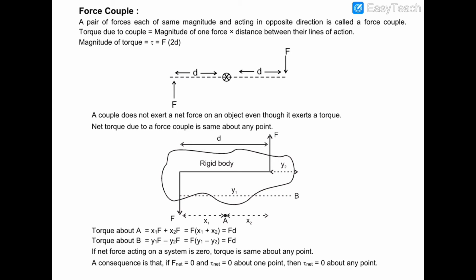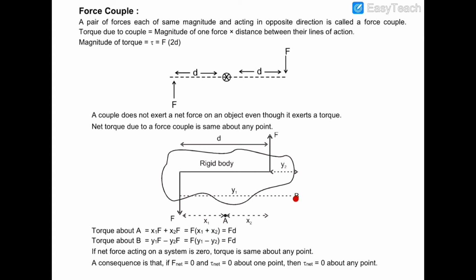Okay, now you also have to keep in mind that the torques about A were added because the torque about A for one force was F into x1 in anti-clockwise sense, and for the other force it was F into x2, also in anti-clockwise sense. So the torques of both these forces were in anti-clockwise sense. That is why we added the two torques.